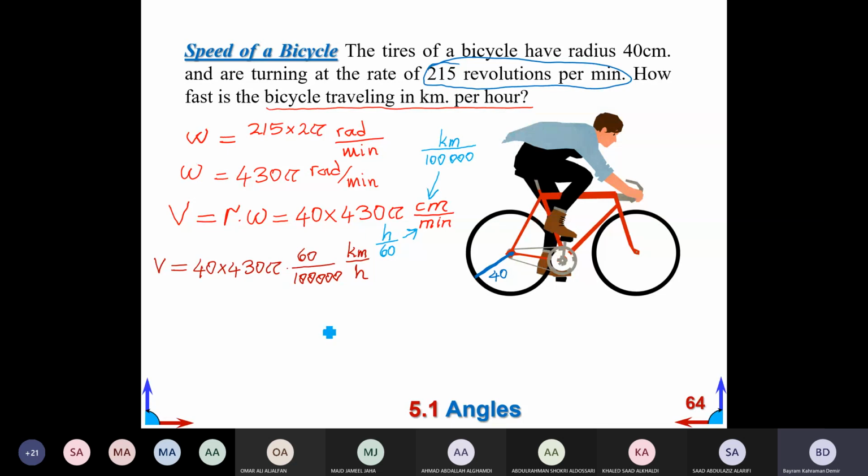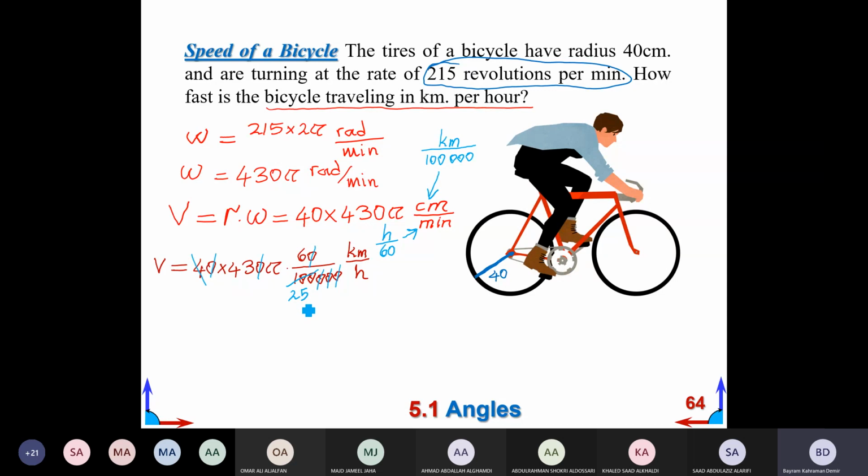Okay. Now let's simplify. One 0 is gone here. Another 0 is simplified. Another 0 is simplified, right? Now we have 4 here. I will simplify 4 with 100, so you will get 25 here. Now what is left? We have 43 pi multiplied by 6 divided by 25.